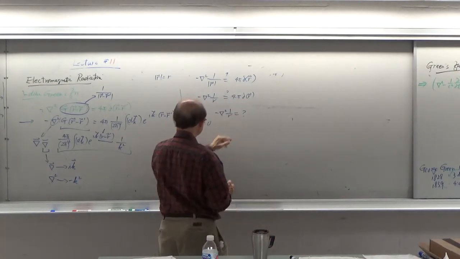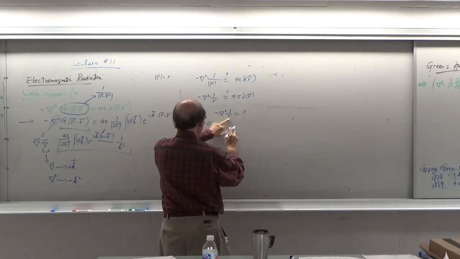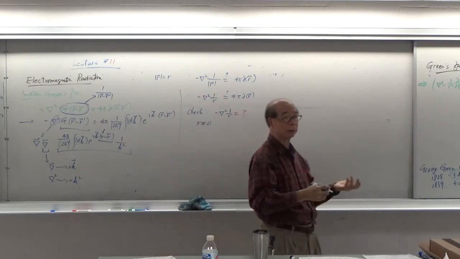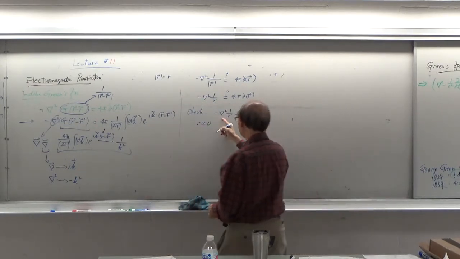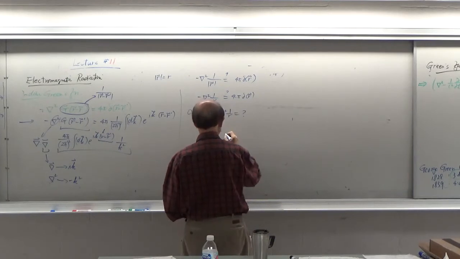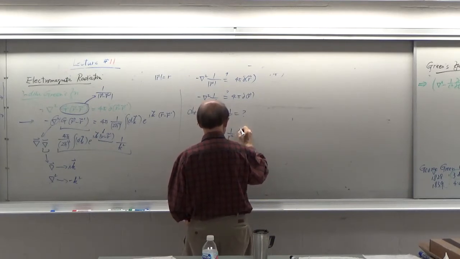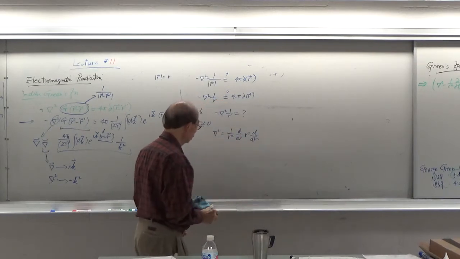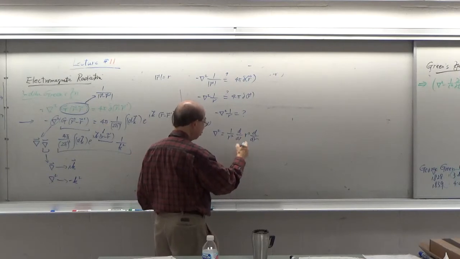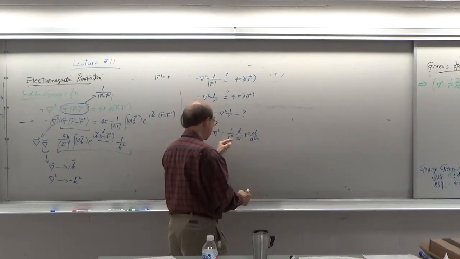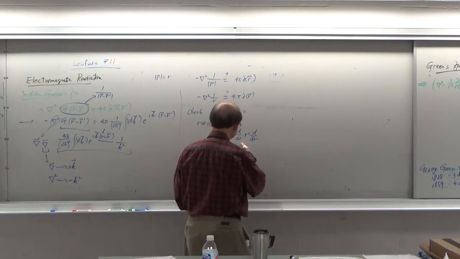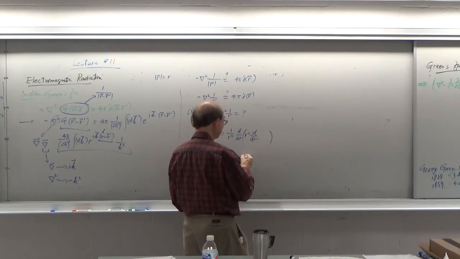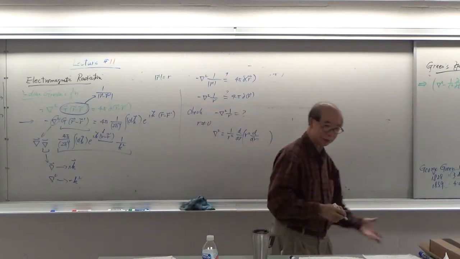For r not 0, since 1 over r depends only on the radial coordinate, I can write the Laplacian as 1 over r squared d by dr r squared d by dr. This is understood: d by dr is an operator acting on everything standing to the right. Very often you see people put a bracket there, but it's understood.